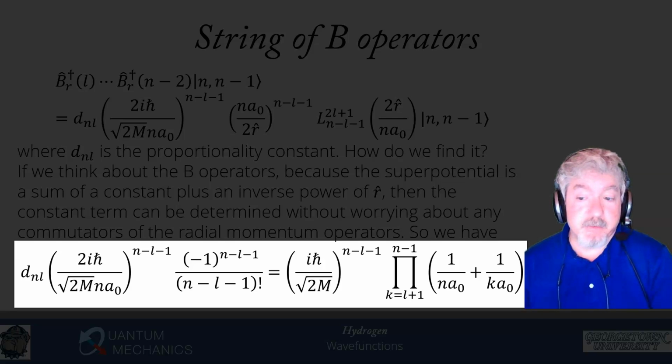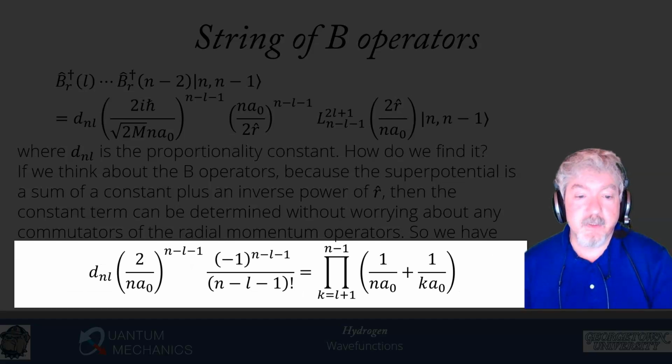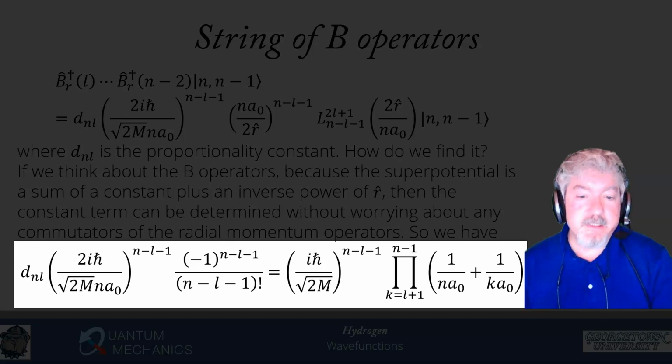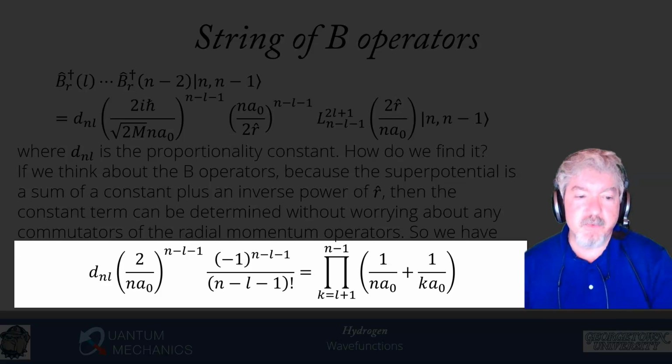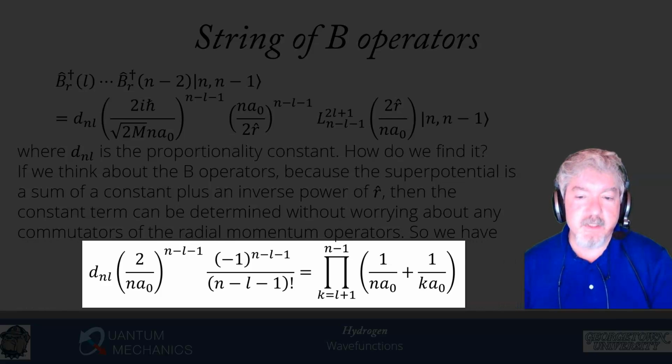This is just algebra here, okay? I'm going to take you through it step by step, show you how you do it. Now all that I did here was cancel the common factors. You can see there's an i h bar over square root of 2m on both sides. They're raised to the same power, so I can cancel those on both sides. I'm left with the 2 over n a0 to the n minus L minus 1, and everything else stays the same.